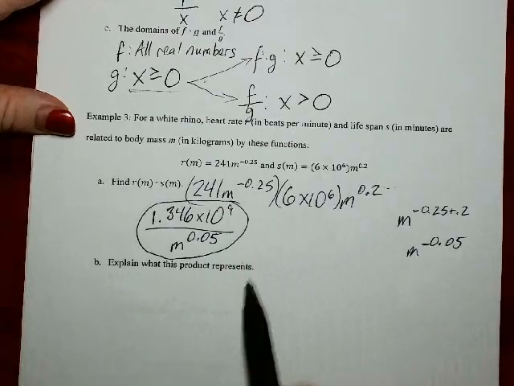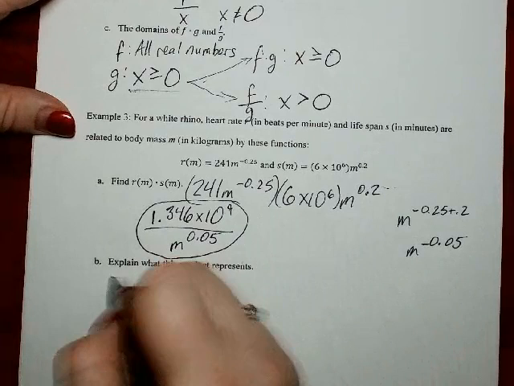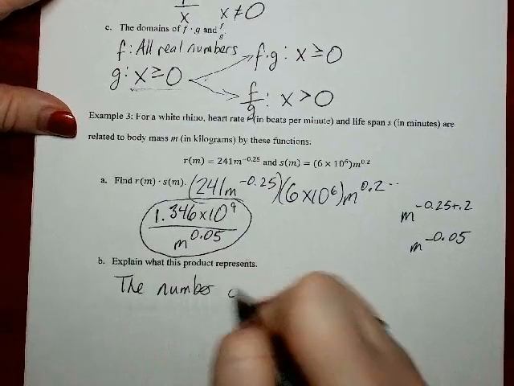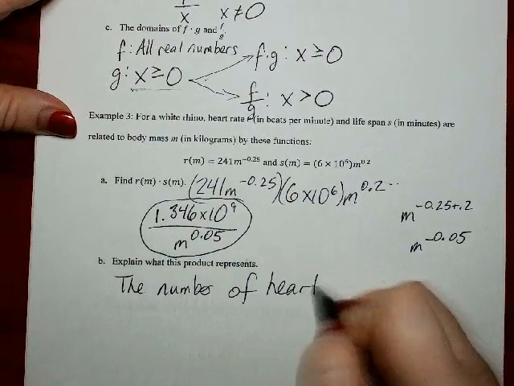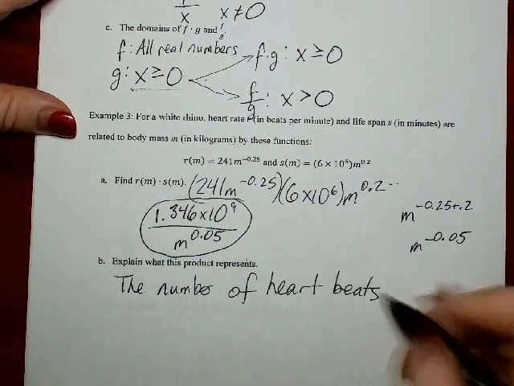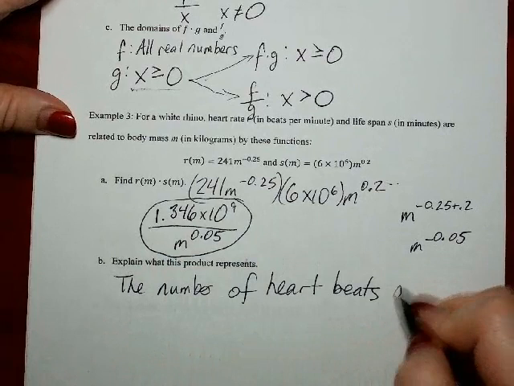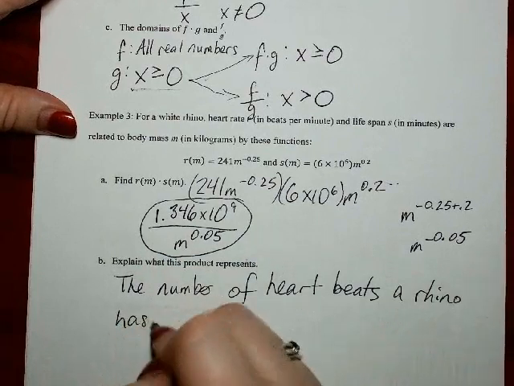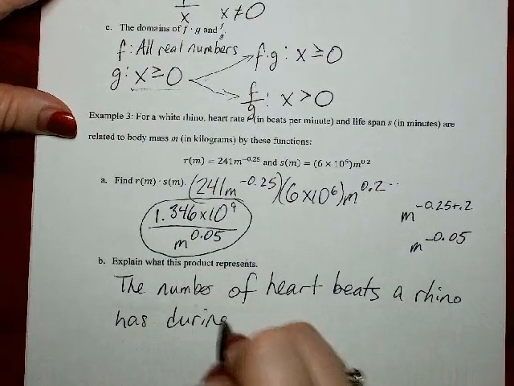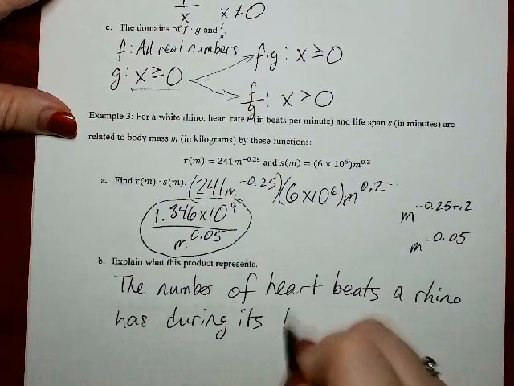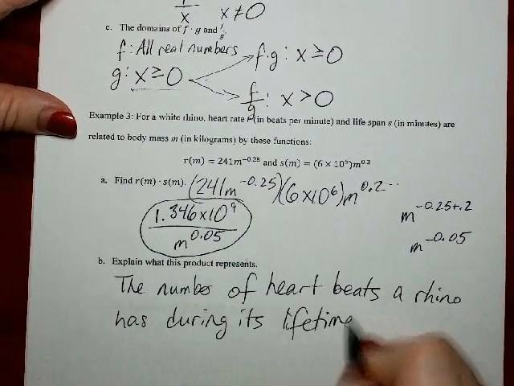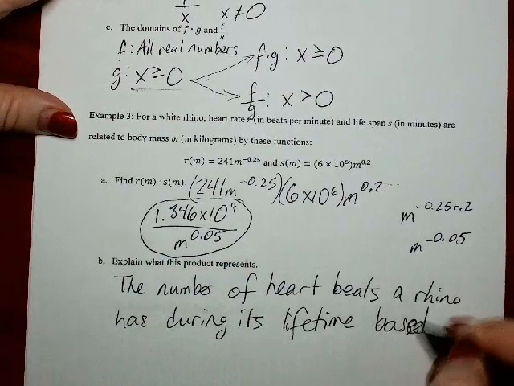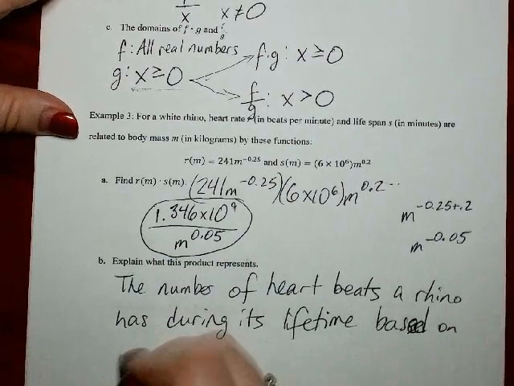So this product represents the number of heartbeats a rhino has during its lifetime based on its mass.